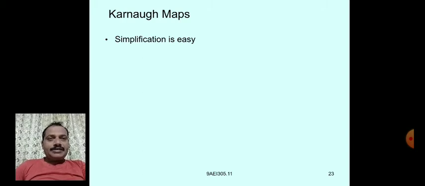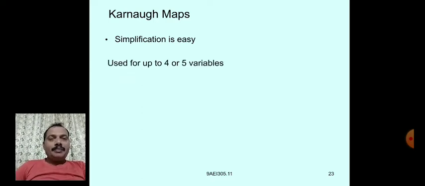Now we discuss Karnaugh maps to simplify Boolean expressions. The K-map method is a very easy method to simplify Boolean expressions with more variables, up to 4 or 5 variables.